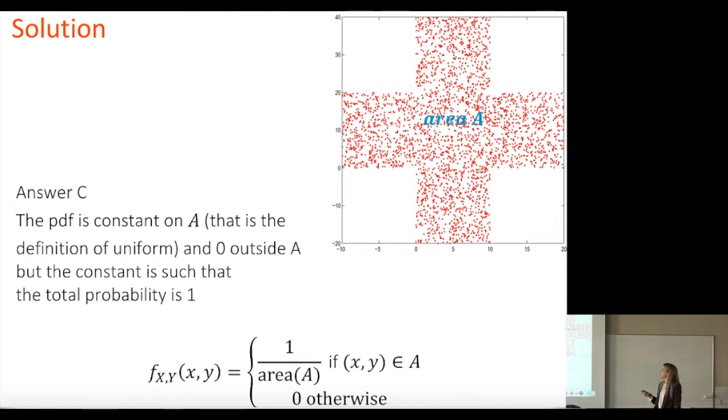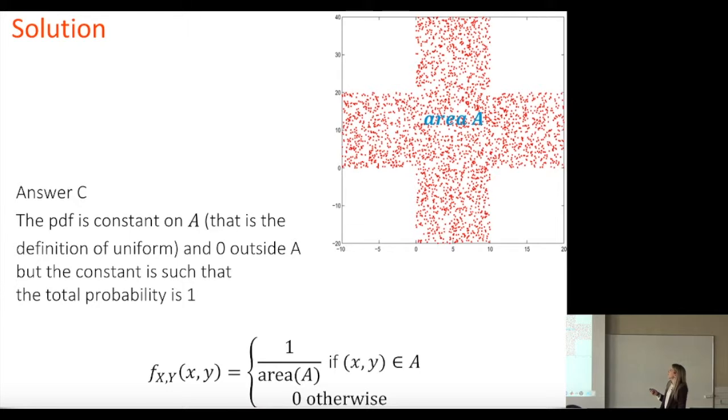But it will not be 1, because this constant is determined such that the total probability is equal to 1. So if we integrate this over all the area A, it should be equal to 1. So this constant is equal to 1 over the area A for any point that belongs in the area A and 0 otherwise. So the answer was C, something else.